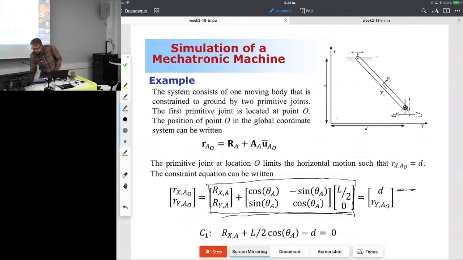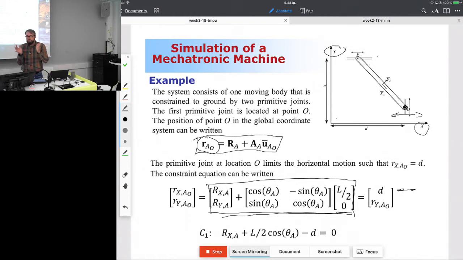So I wanted to express the position of this point using the equation that I'm very much familiar with. Because this one here consists of two components with respect to the global x and global y directions, I'm going to say that the x direction is no longer free to move, but instead it always has to have the value equal to D.